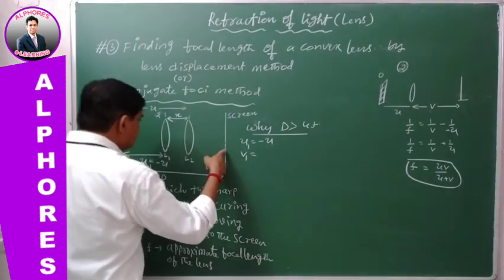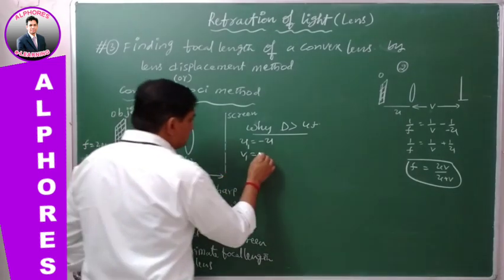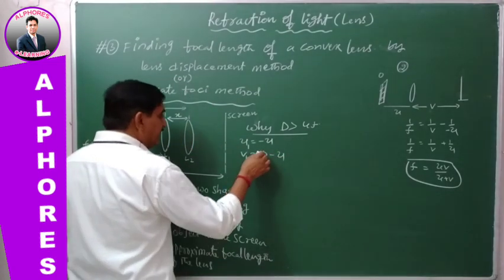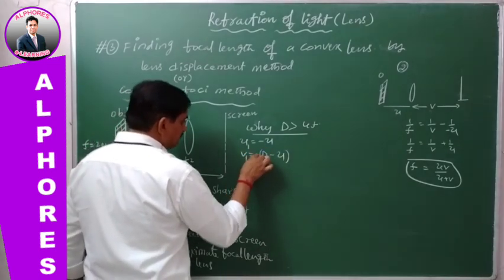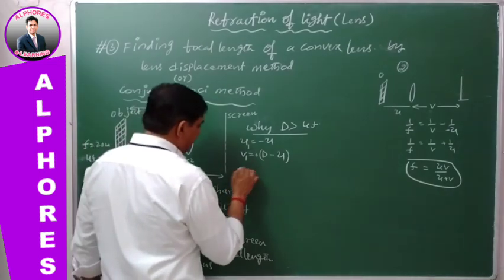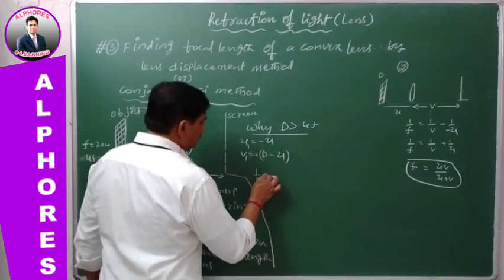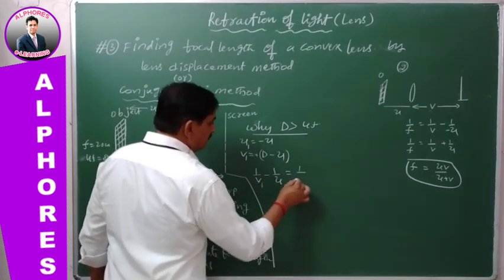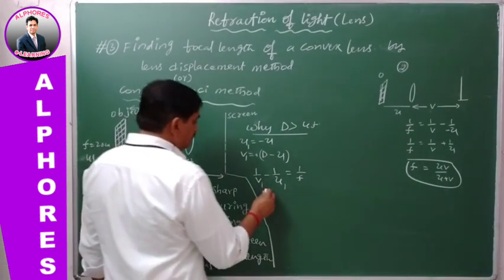This image distance will be capital D minus u, which is positive by sign convention. Now using the lens formula, 1 by v minus 1 by u is equal to 1 by f. Now substitute these values.